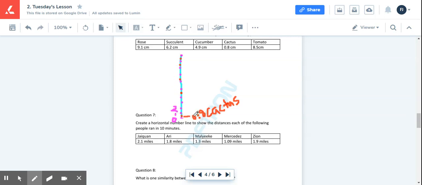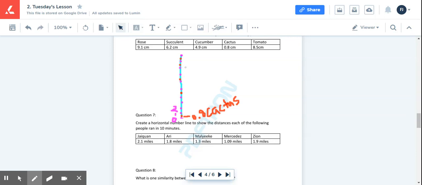So here you see I started with my lowest, which is 8/10 for cactus, and I labeled it cactus. Next would be cucumber, and we would label this cucumber. And then succulent, and we should have labeled that succulent also.